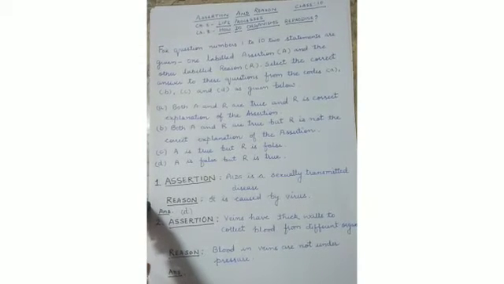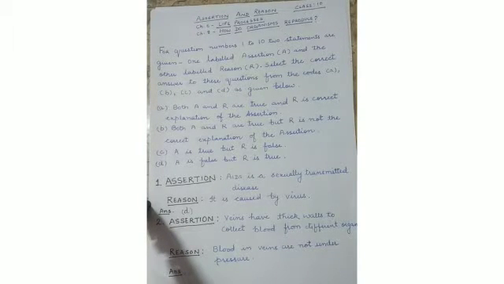Now second, assertion is veins have thick walls to collect blood from different organs. Reason for this is given: blood in veins is not under pressure.